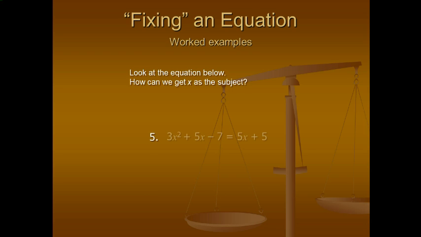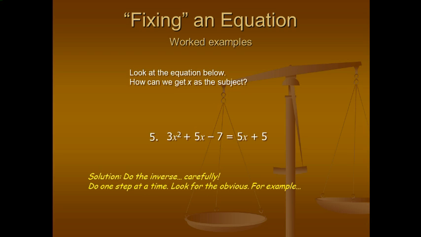Exercise 5. 3x squared plus 5x minus 7 equals 5x plus 5. The problem is it's a mess. The solution? Do the inverse. Carefully. Do one step at a time. Look for the obvious. For example, notice that 5x is added to both sides. Start by subtracting this.